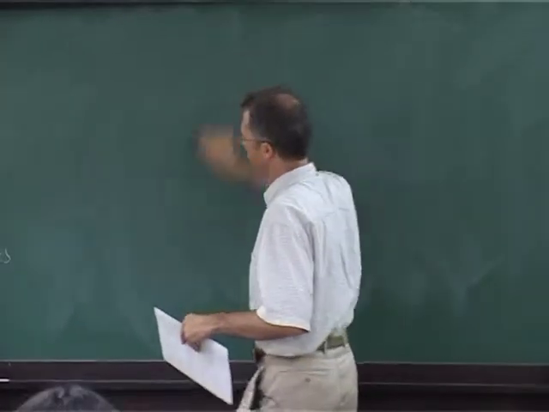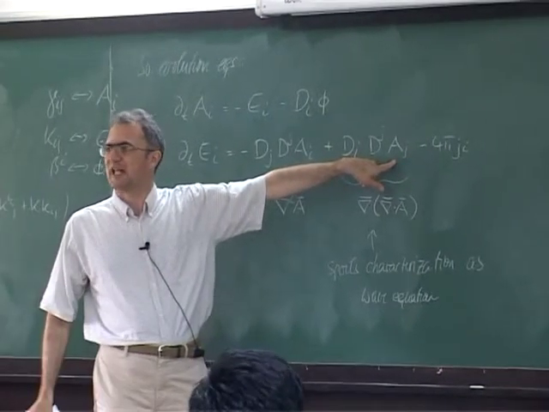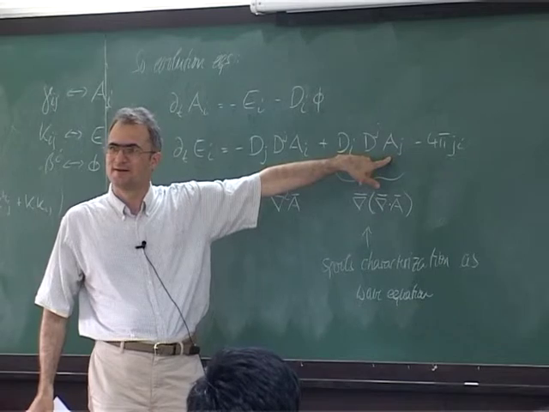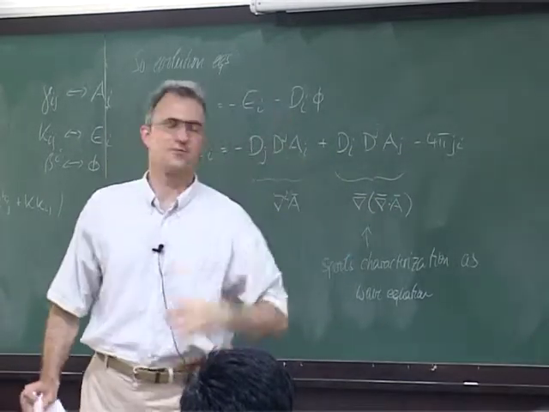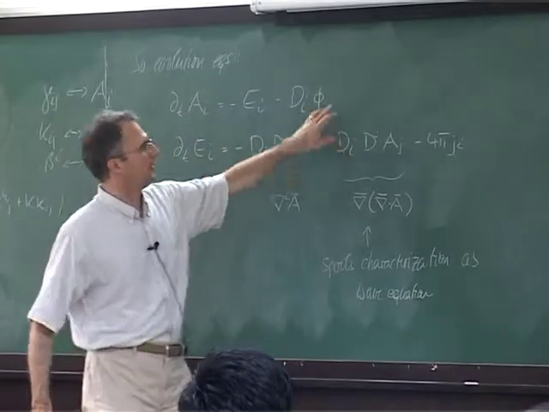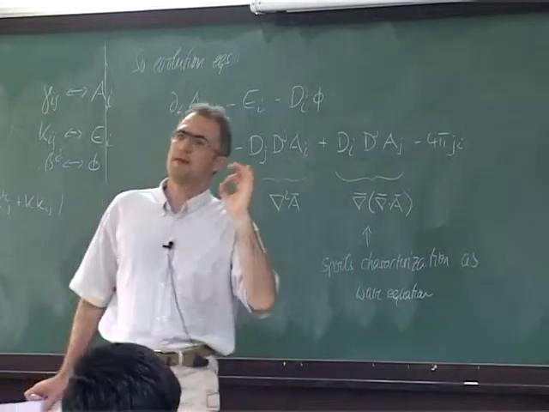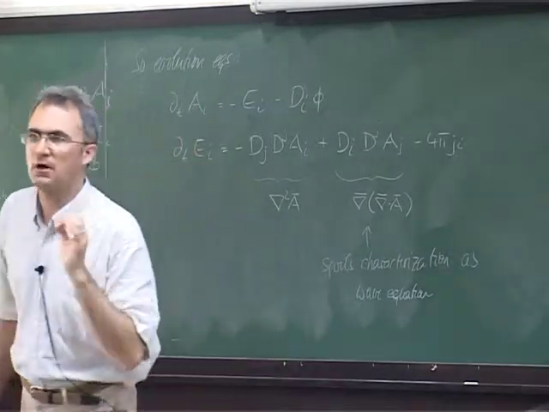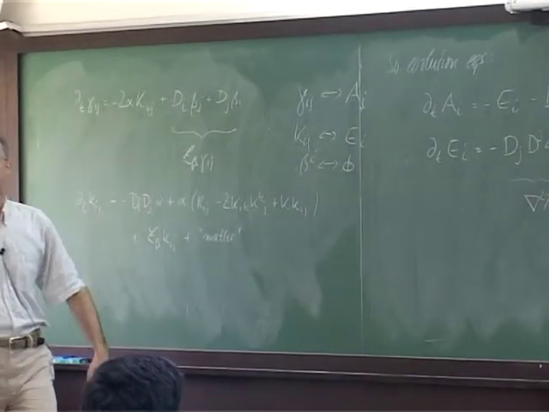You're right. I could say I choose phi in such a way so that this term is exactly 0. What is that gauge called, by the way? Is it Lorentz or Coulomb gauge? It's Coulomb gauge, right? So we could choose the gauge to do this. And by the exact same token, I could also choose a gauge in such a way that these other mixed second derivatives become 0.